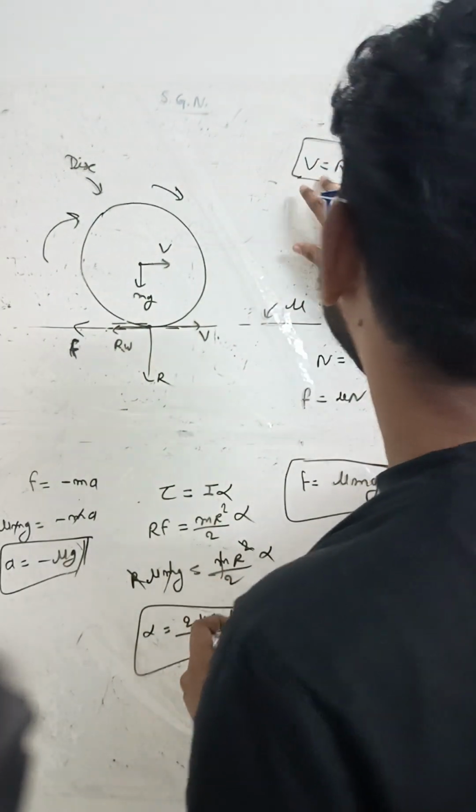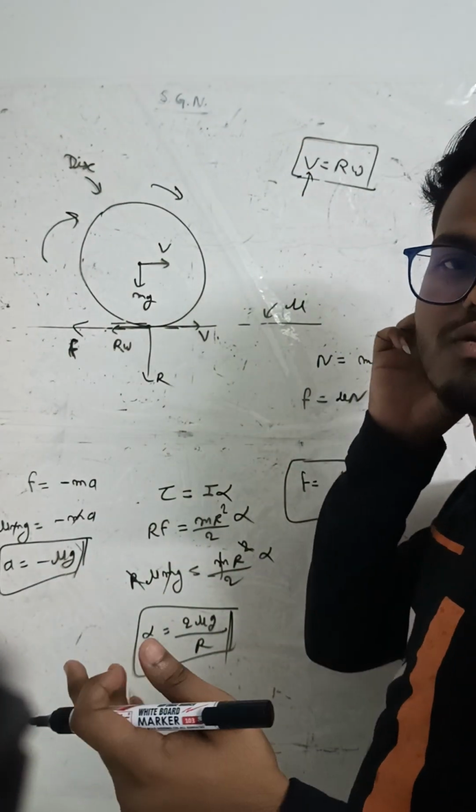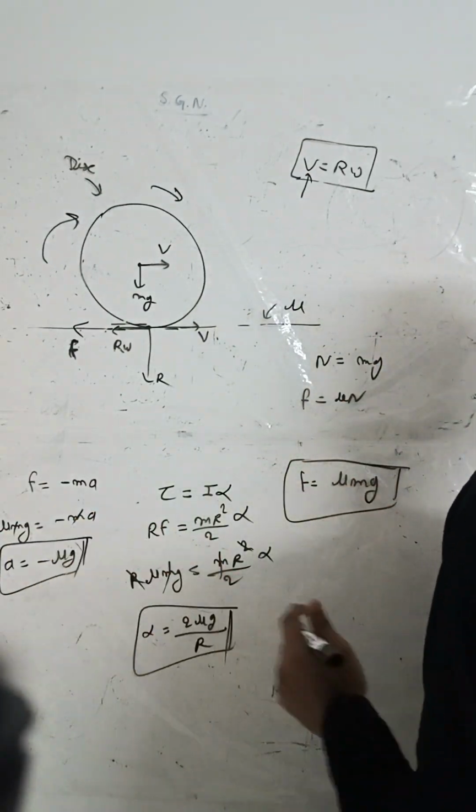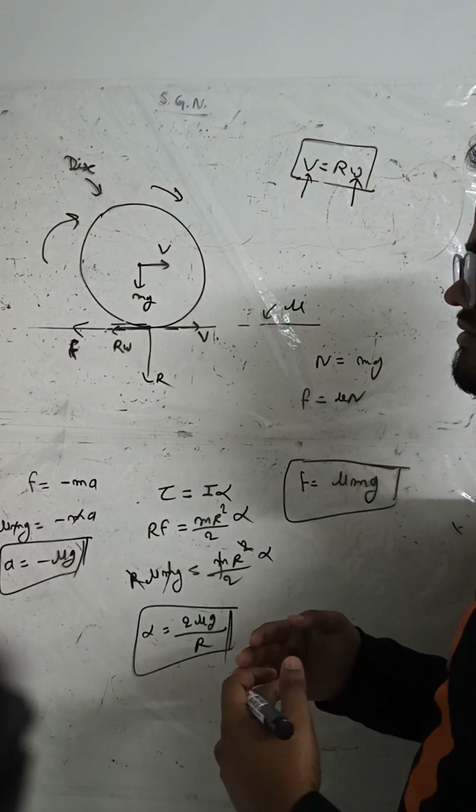Now we need two things. First, the velocity at time t when the body starts rolling. Second, omega, the angular velocity after time t.